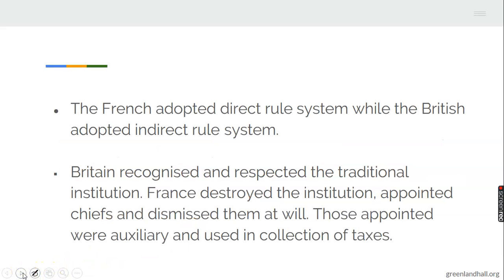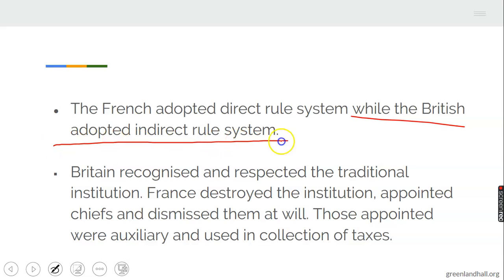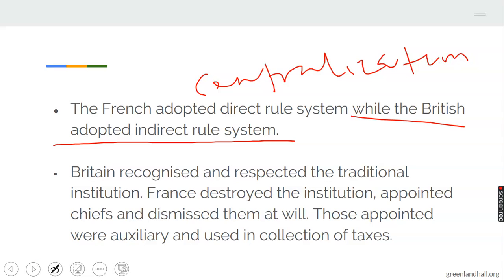Another one, the French adopted the direct rule system, which we can call total centralization, while the British adopted indirect rule. This one we can call a centralized system, while this one is decentralized.